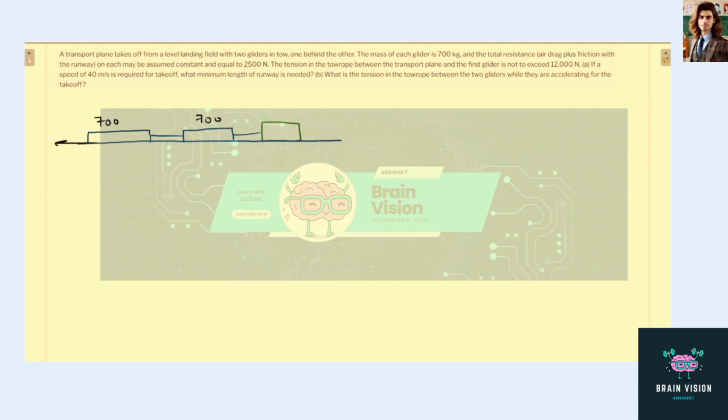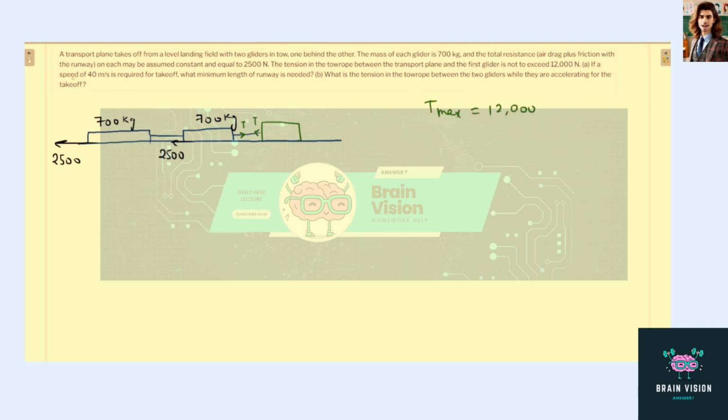So this glider is getting pulled back by 2500 newtons, and this one is also getting pulled back by 2500 newtons. If the maximum tension between the transport plane and the first glider is not to exceed 12,000 newtons, it means T max is 12,000.